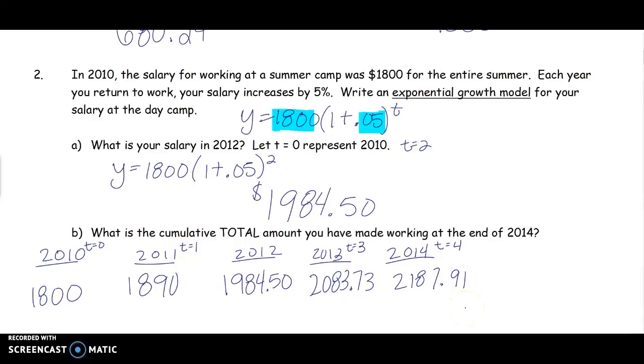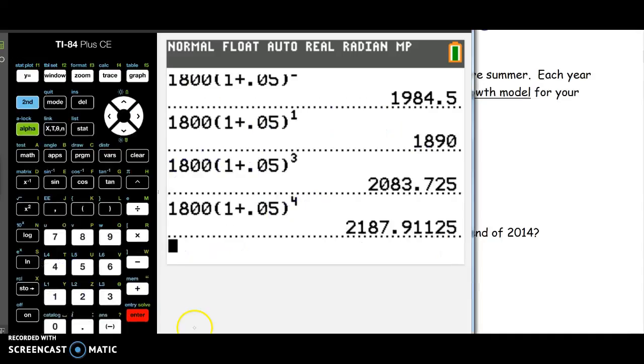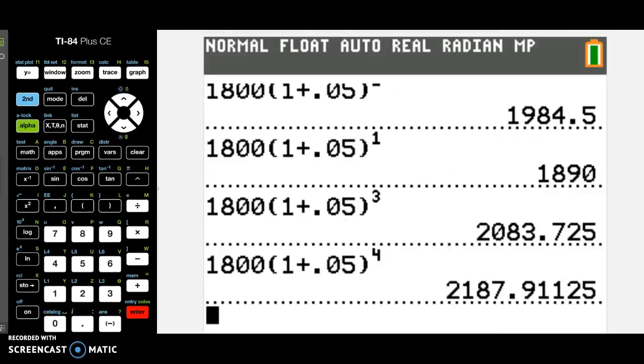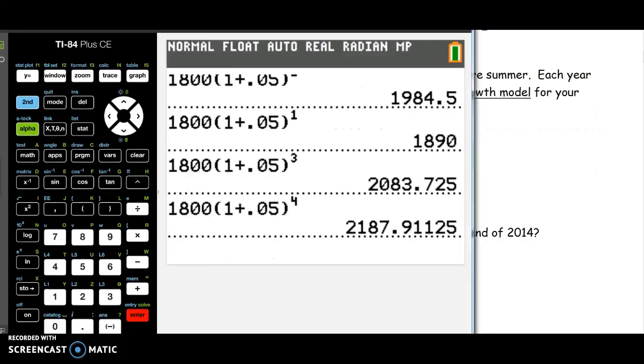So to find the cumulative total, you have to add all of these together. Because I can't see them all, I'm going to move my calculator up a little bit.